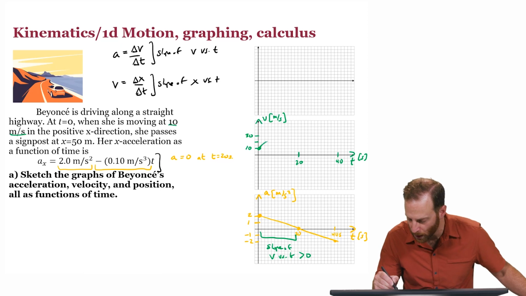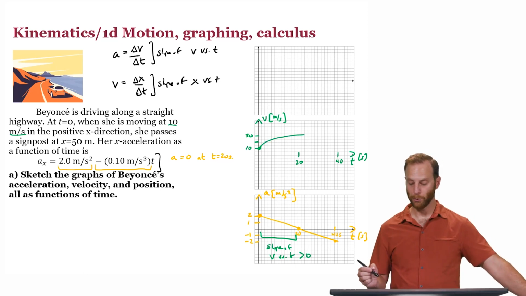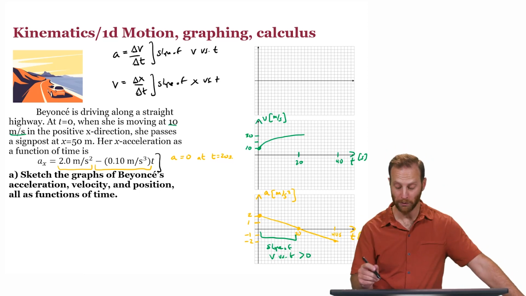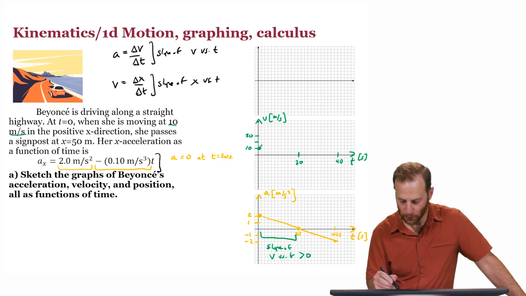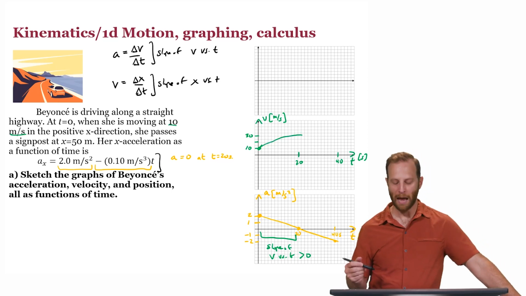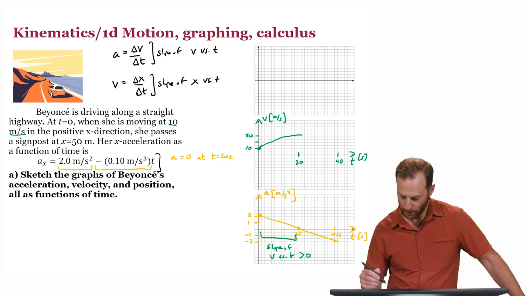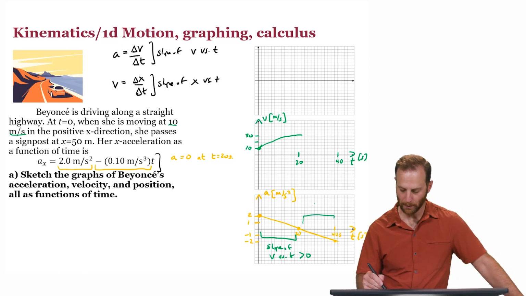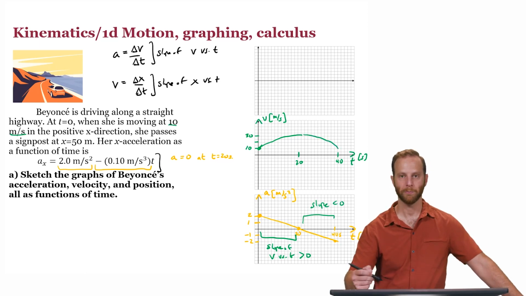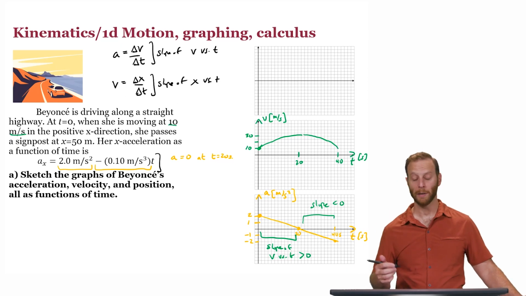So it'll do this kind of thing as it goes through to 20. At 20, the slope should be 0. In other words, that curve should be flat. Let's try to make it a little bit better, something like this. And then afterward, it'll start to come down because at this point, the slope is negative. And so this will be negative slope, negative slope, negative slope. So the curve should look something like that.